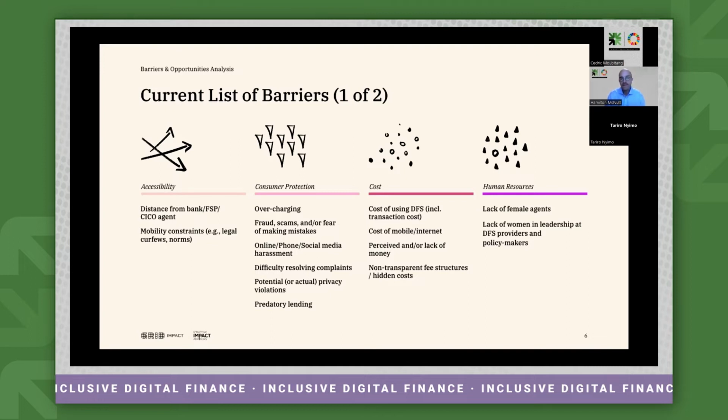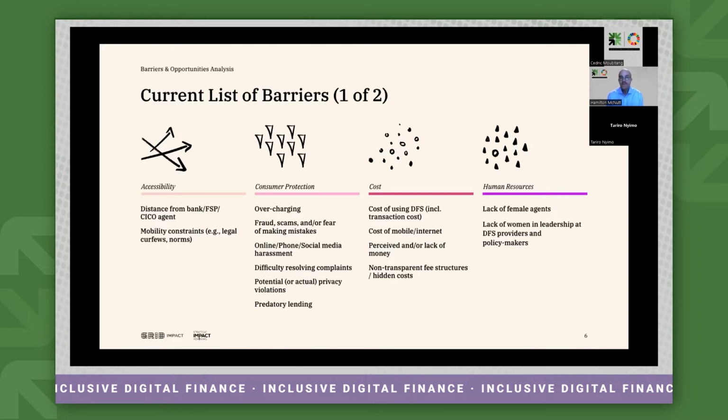Cost is obviously a huge barrier for everyone, but it's in particular a larger barrier for women. So cost of using the digital financial service tools, cost of internet, right? The fact that some fees are not very transparent, etc.